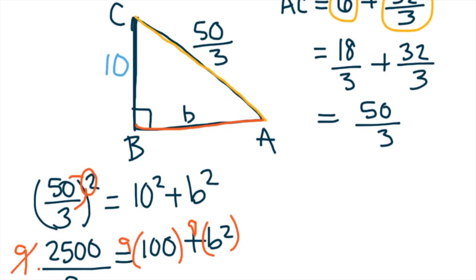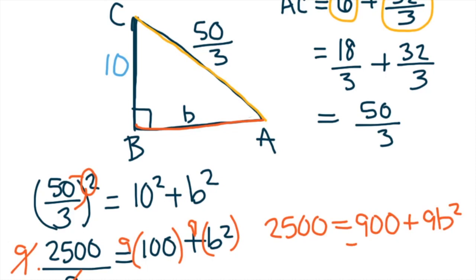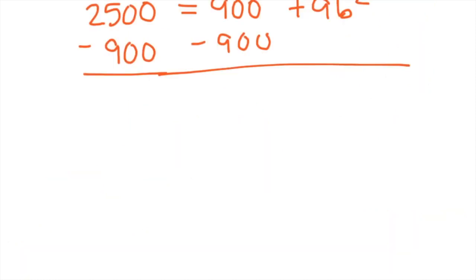Okay, so that's going to leave us with 2,500 equals 9 times 100, or 900, plus 9b squared. So let's subtract the 900. And so we have 1,600 equals 9b squared.